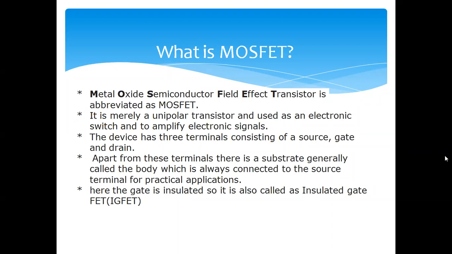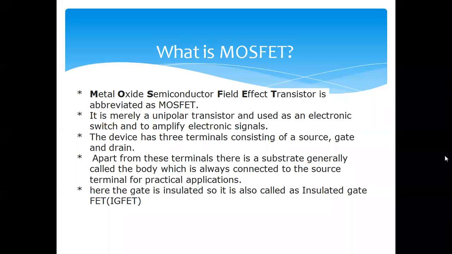Now the question is, what is bipolar and unipolar? Bipolar means the overall current is contributed by the minority as well as majority carriers. But in case of MOSFET, as it's unipolar, the drain current is contributed by only and only majority carriers.